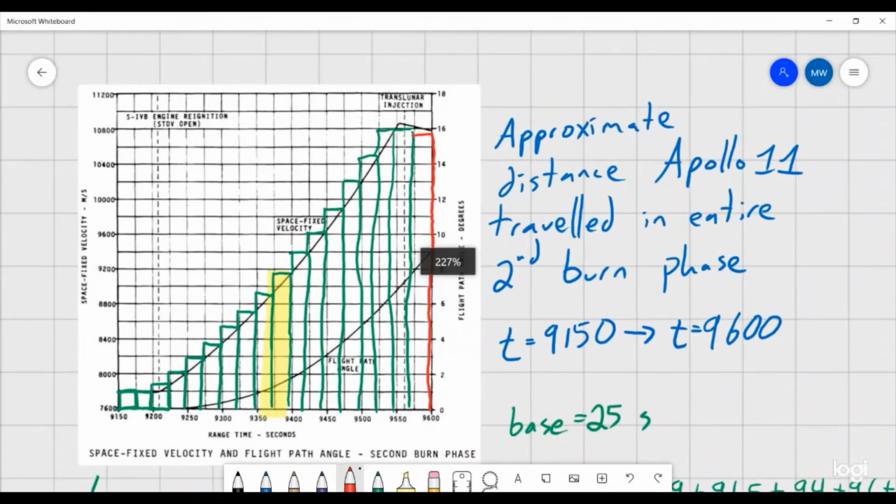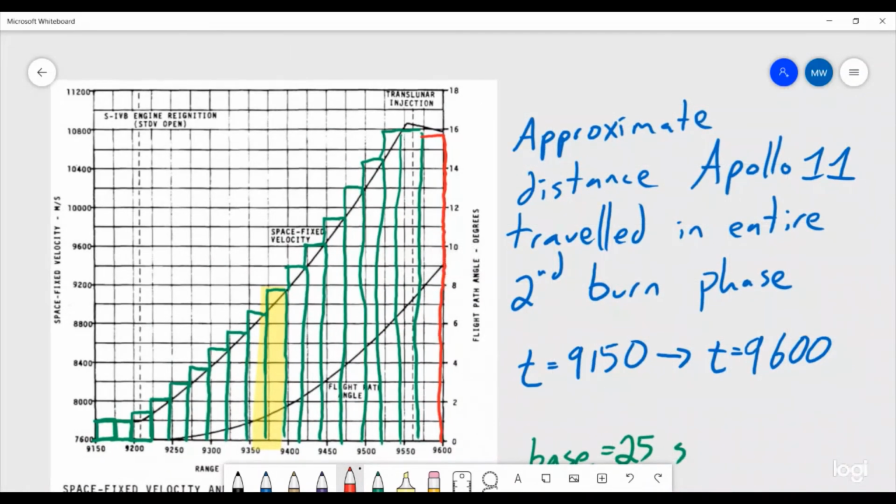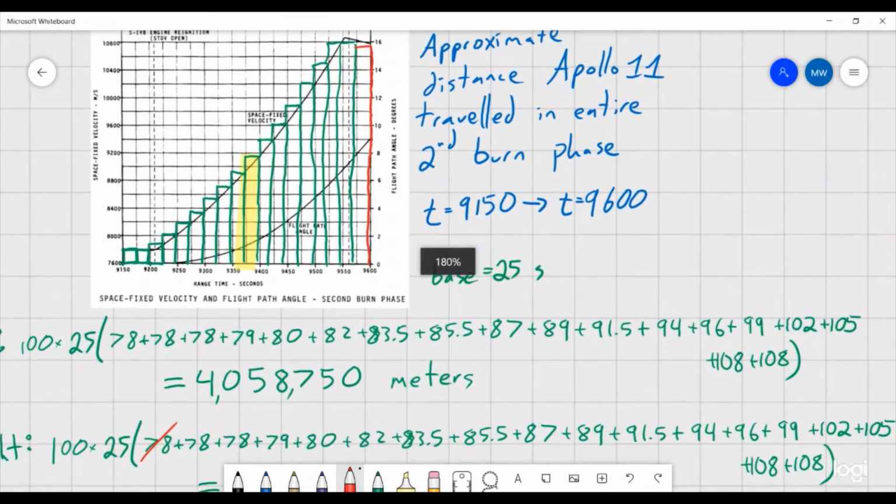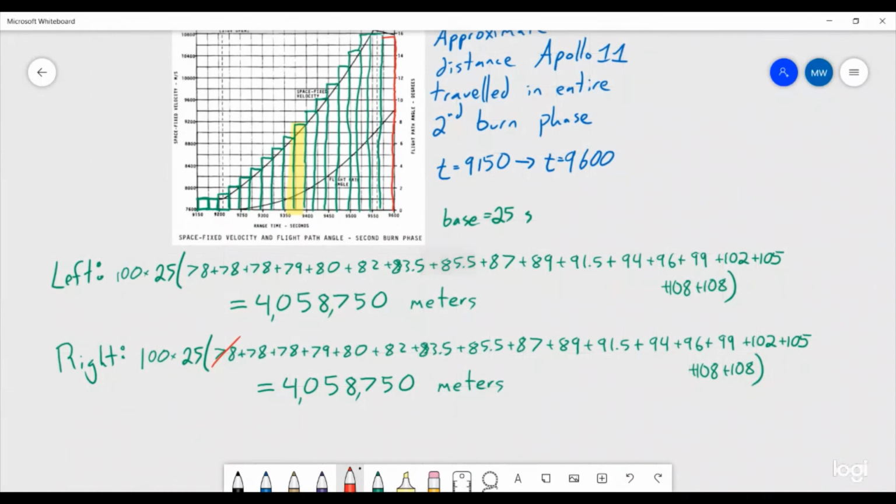So let's see, about how high was that one? Maybe like 107.5-ish. So we'll say that one's about there. That means our right endpoint, instead of stopping at 108, has one extra term at the end, plus 107.5. If we go through and add this all up, let's see what we get.